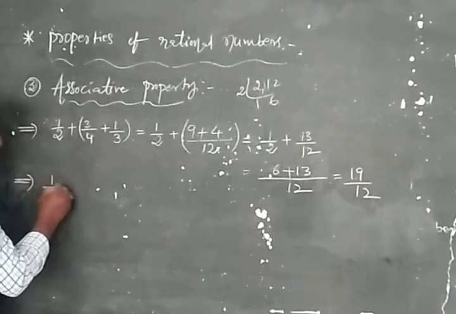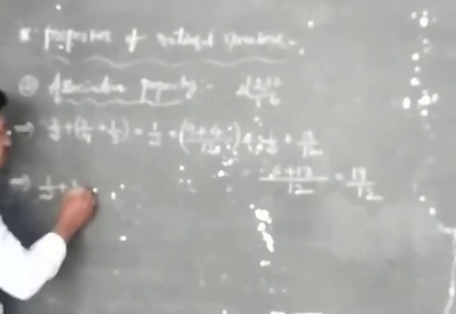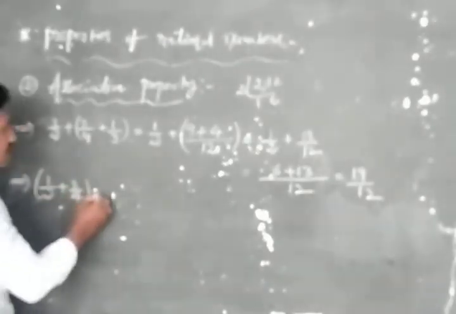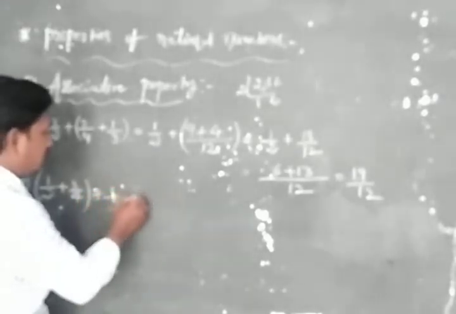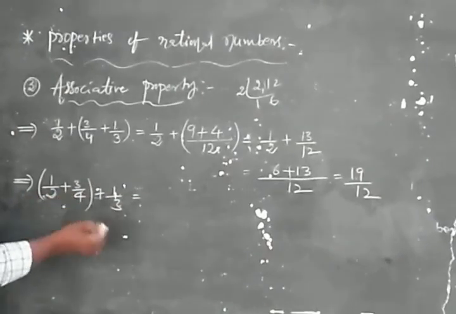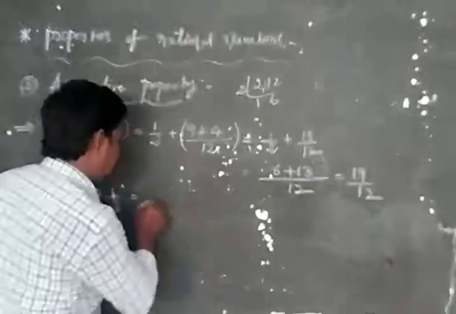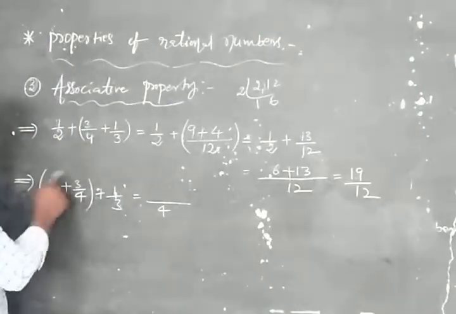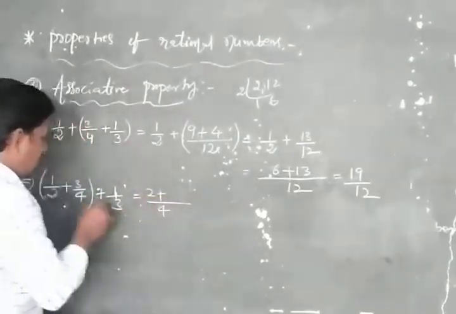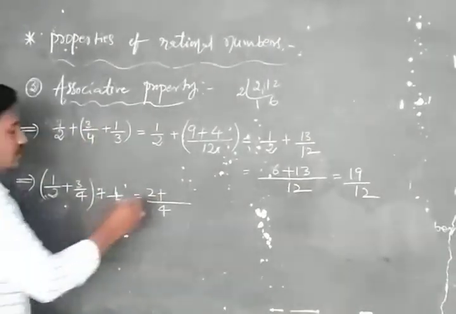Now 1/2 plus 3/4, bracket, plus 1/3. The LCM of 2 and 4 is 4. If 2 becomes 4, we have to multiply by 2. 1 2s are 2. If 4 becomes 4, we multiply by 1, 3.